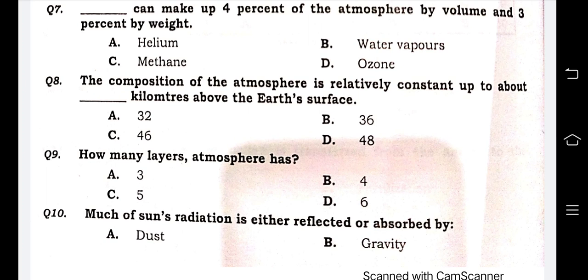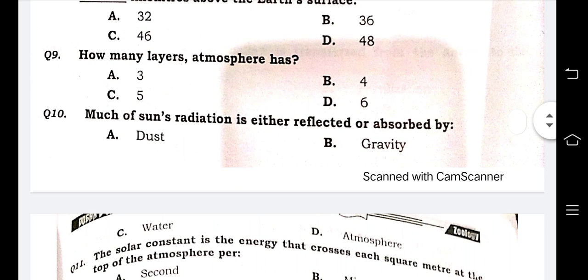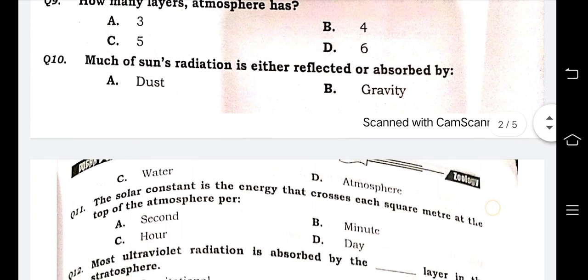Much of the sun's radiation is either reflected or absorbed by: option A dust, option B gravity, option C water, and option D atmosphere. So much of the sun's radiation is either reflected or absorbed by atmosphere.